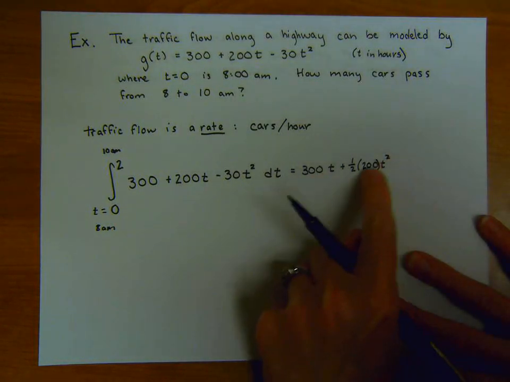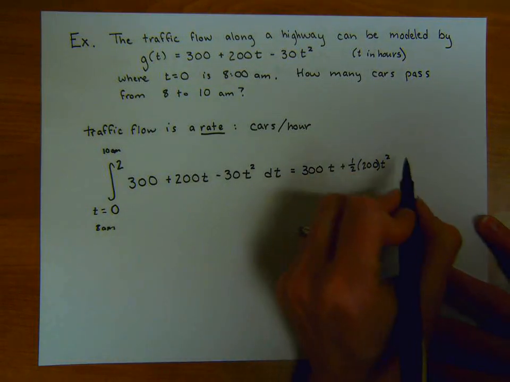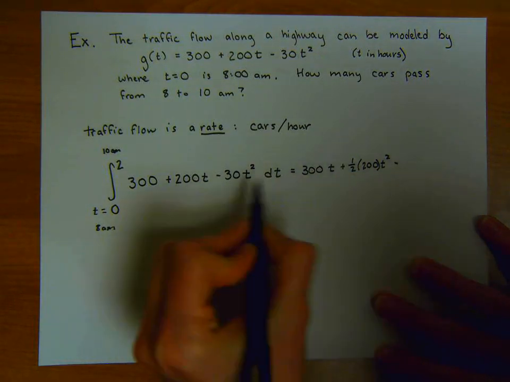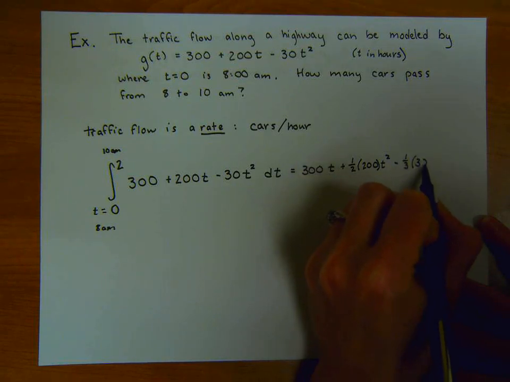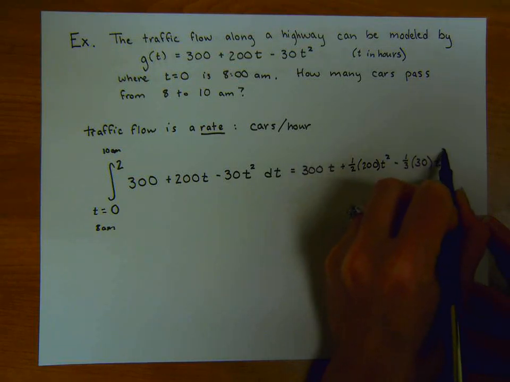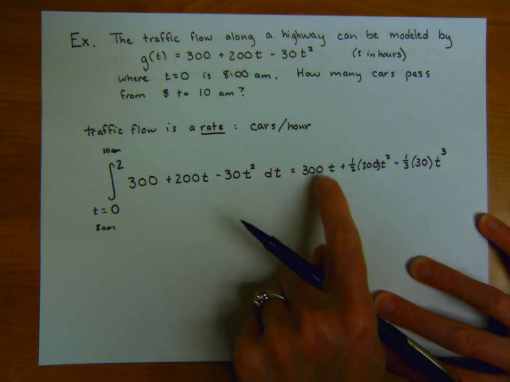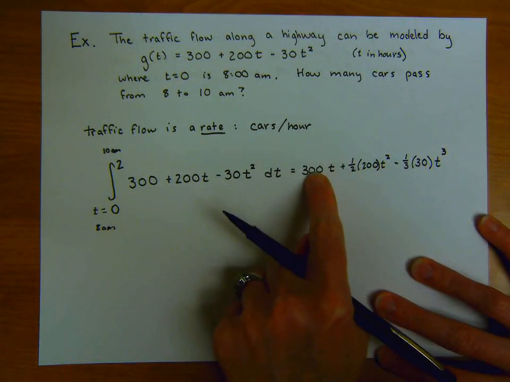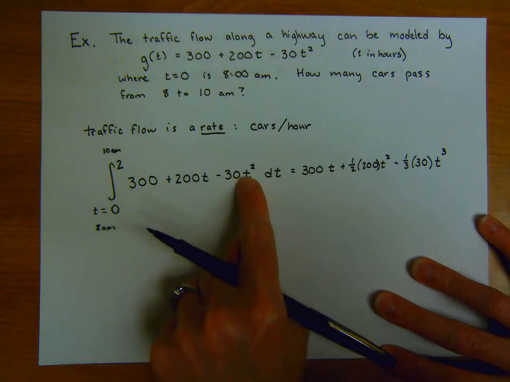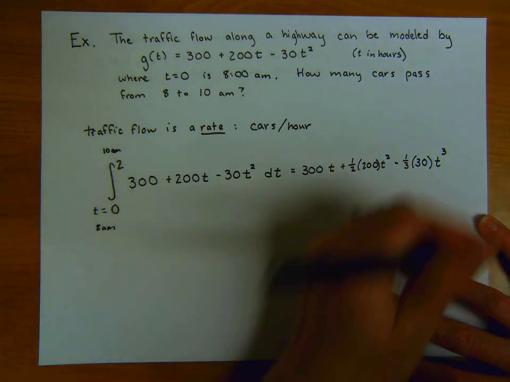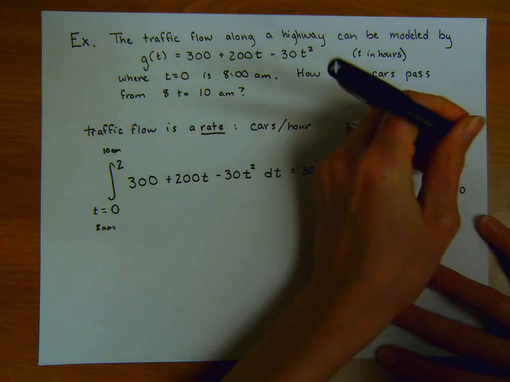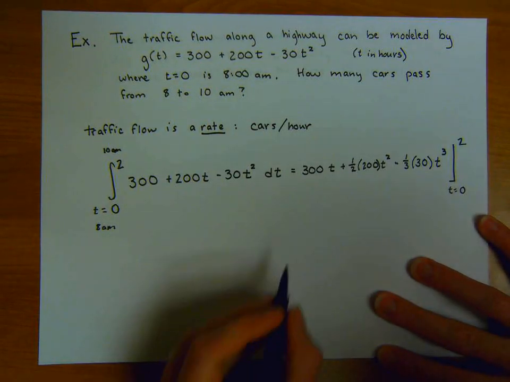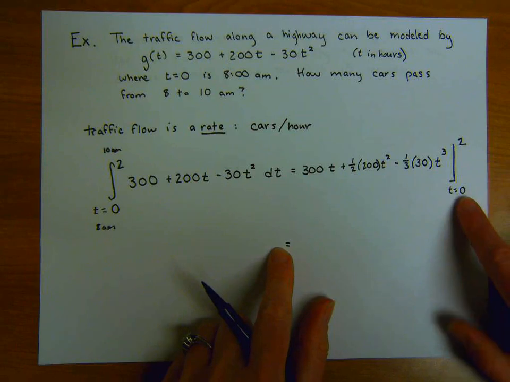I'm raising the exponent, dividing by 2, minus, raising the exponent becomes a third times 30t cubed. So this is an antiderivative of this rate function, and I want to evaluate it as t goes from 0 to 2. The top bound is 2, the bottom bound is 0.